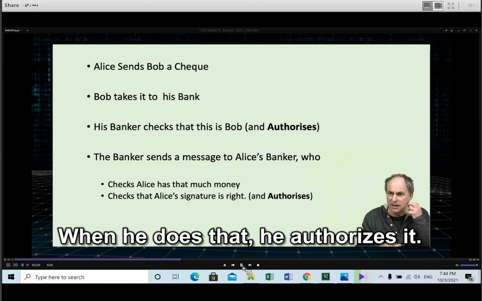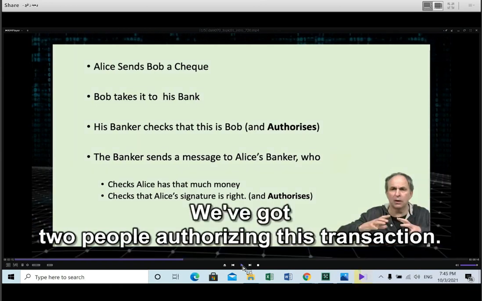This transaction is done, the money's moved. How much money Alice has. Okay, so that's how it works.